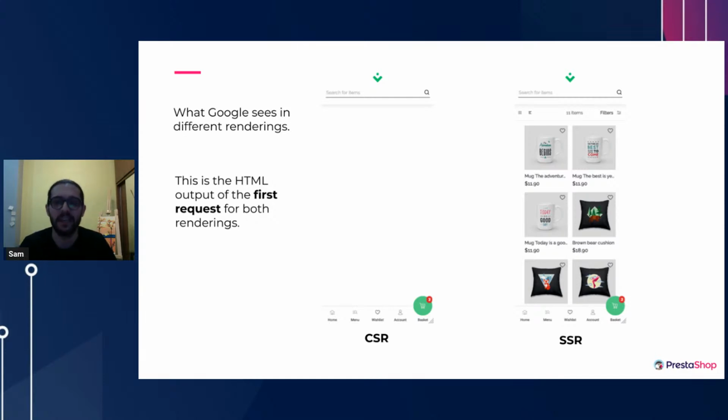That makes the first request very crucial for us. Here you see the result of both renderings and how a search engine will see our content. Left hand is CSR and right is SSR. Let me explain with a more tangible example.